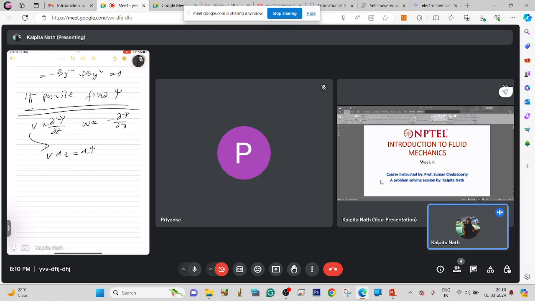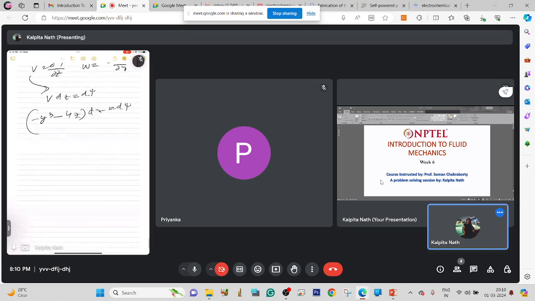Integrating this, with v given as minus y cube minus 4z, minus y cube minus 4z dz is equal to d psi. So psi will come out to be minus y cube z minus 2z square plus some function of y.